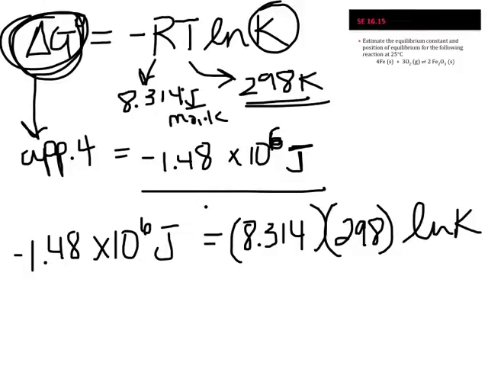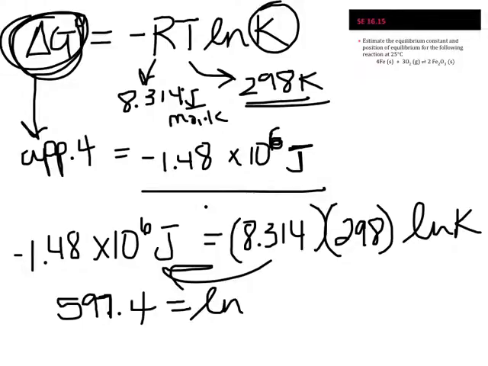When you move everything to the other side, you will get that 597.4 is equal to the natural log of K, and you take the inverse natural log. When you take the inverse natural log in your calculator, it's going to have an e, that's the mathematical function, to the 597.4.